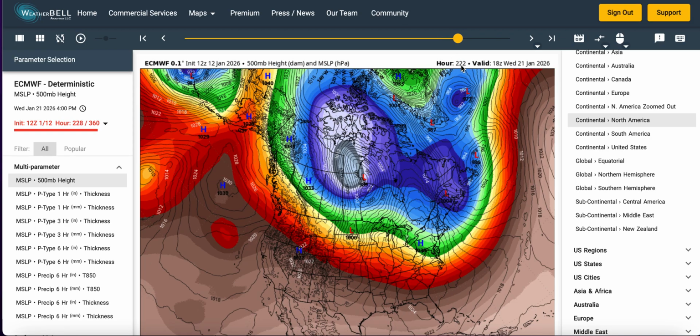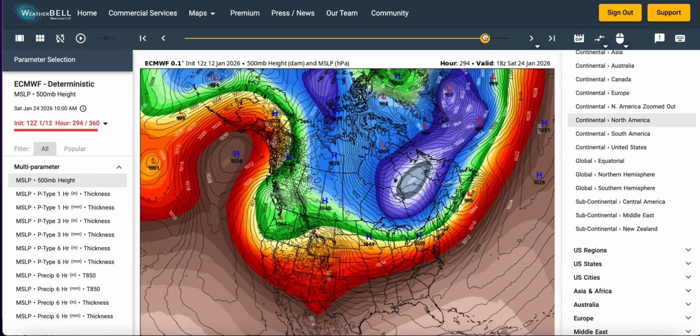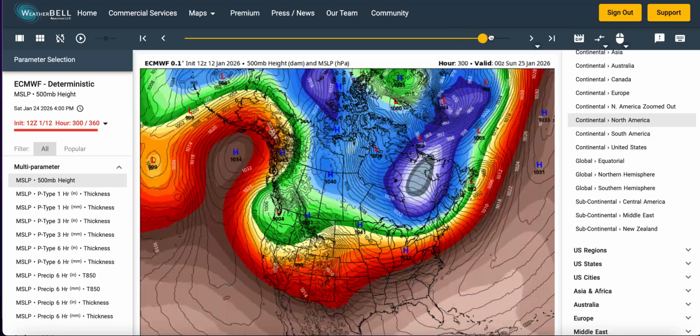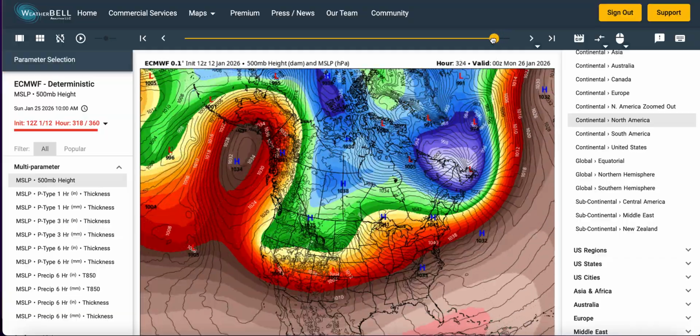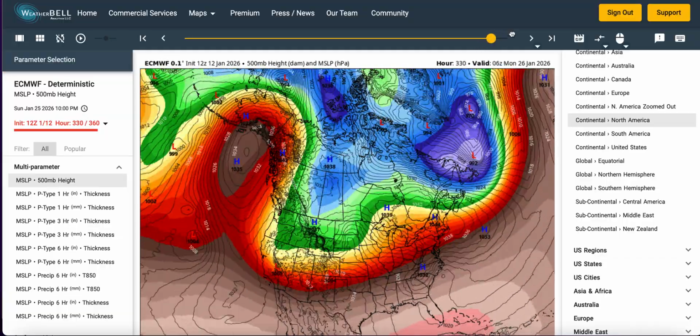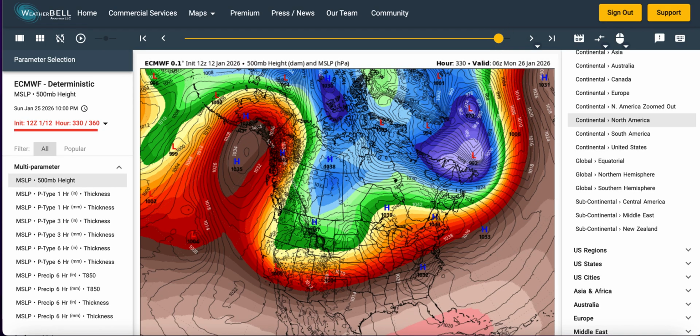But there is hope. We're starting to see more consistency model run to run, and even amongst other models, of some troughing returning here to the northwest, and that could bring some cold, wet weather.